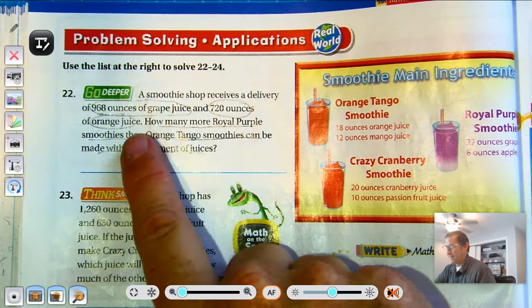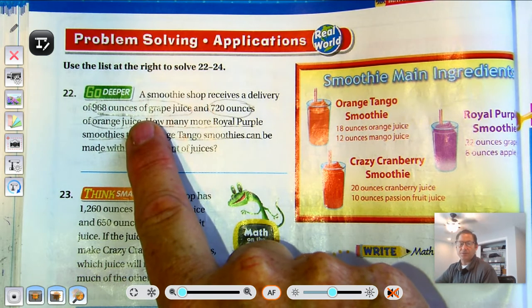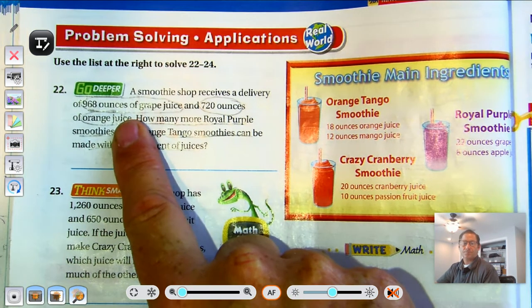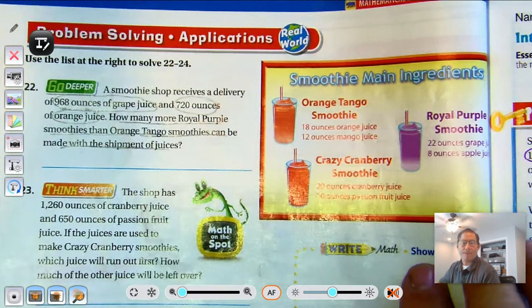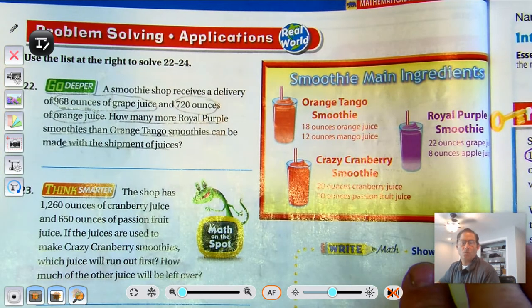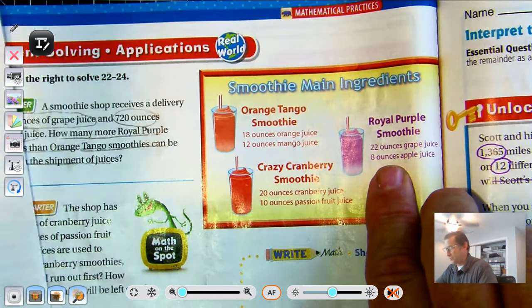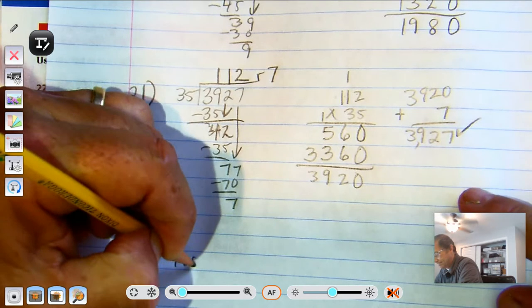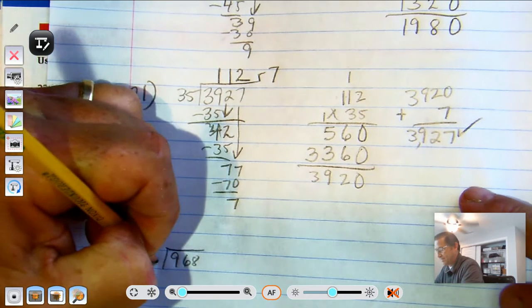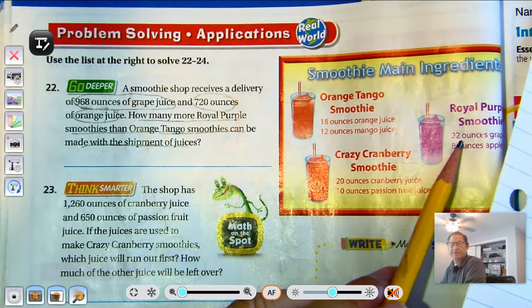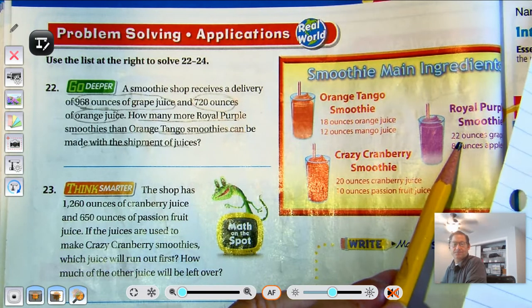Okay, so 968 ounces of grape juice. So we would use grape juice in the Royal Purple smoothies. So we'd have 968 divided by 22. It takes 22 ounces of grape juice.